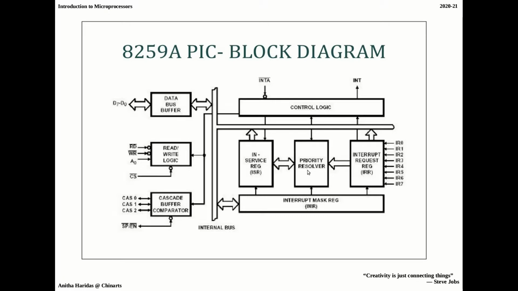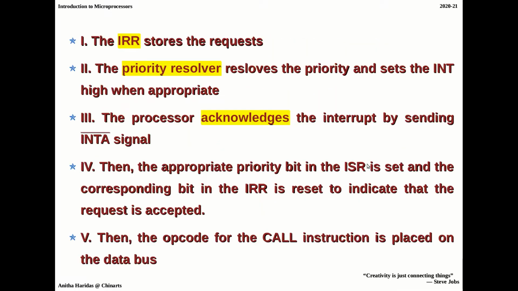So here the priority resolver says IR0 has higher priority than IR3. So in the in-service register, IR0 will be set to 1. At the same time, the IR0 bit in this particular register will be reset. That is what it says.